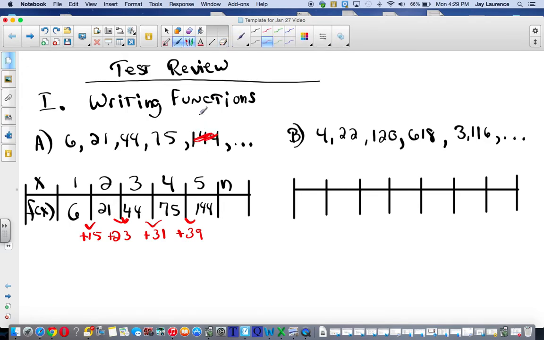Now I scribble and I write 114. I am smarter than you, smart board. Anyway, 144. Okay, quit laughing at me. All right, so yeah, we're going to scribble again. Okay, 114. Sorry about that. So that is plus 39. Okay, I am not sure what is going on. My computer probably needs to be restarted.